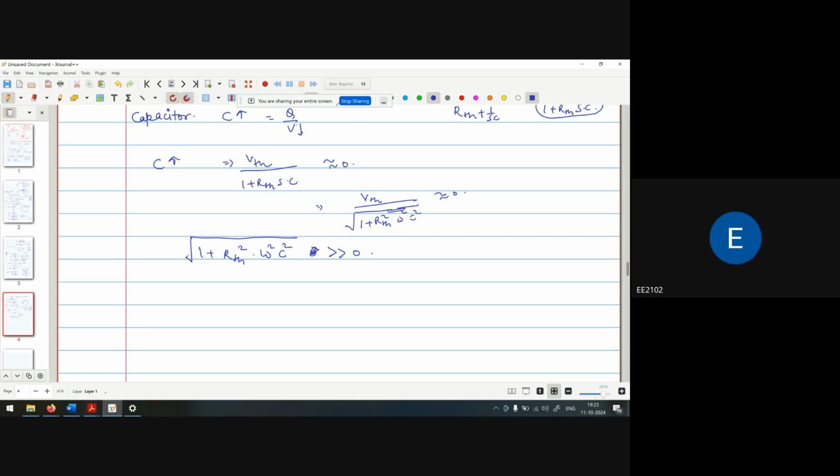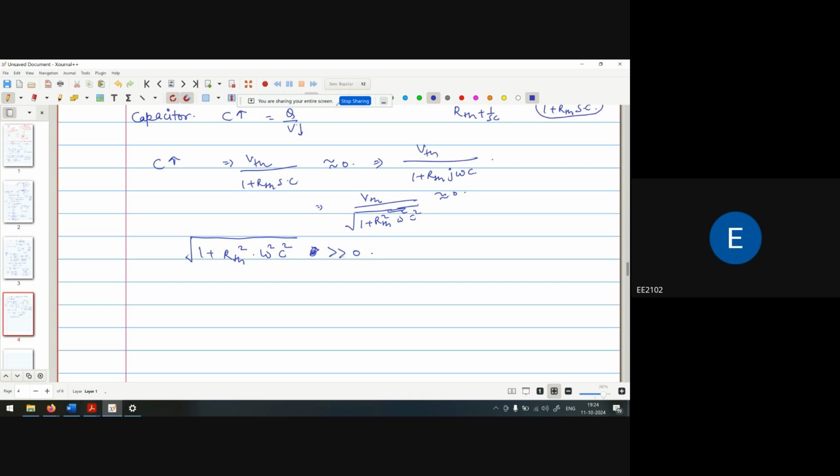S is j omega, so VTH upon (1 plus RTH j omega C), and we have to take the magnitude. At the denominator side, we take the magnitude by using the formula: for a complex value, the magnitude is the square root of the real component squared plus the imaginary component squared.